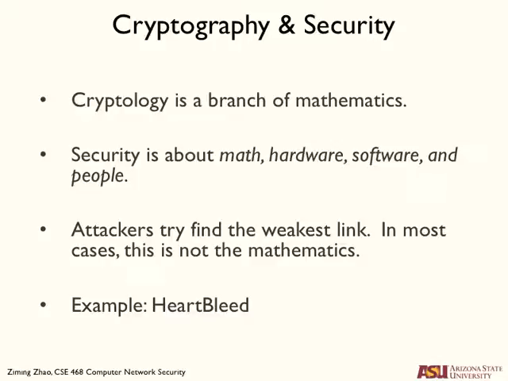They can read arbitrary memory from the victim's computer, which means they can read the victim's private keys. However, you see in this example, the algorithm itself is not really broken. The key was compromised. However, the reason for the key to be compromised is because it's a software problem. It's not really a crypto problem.